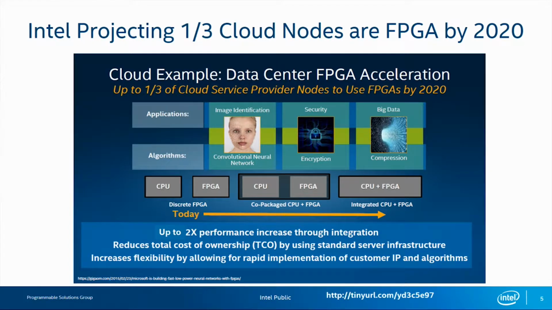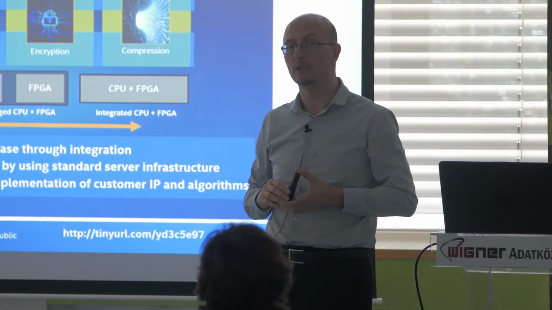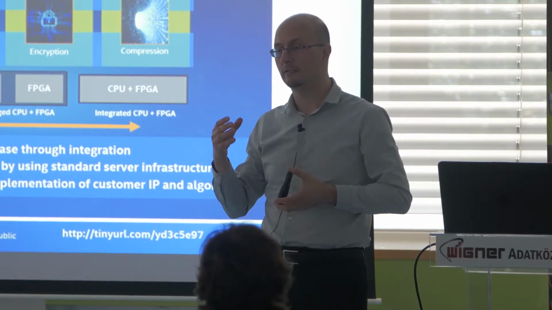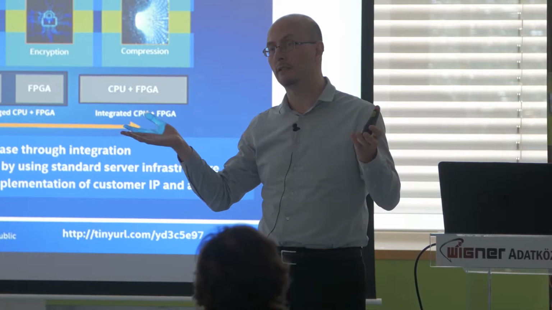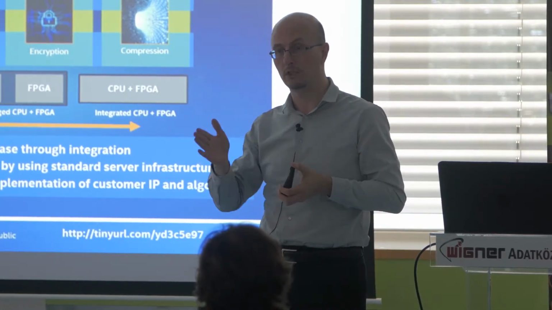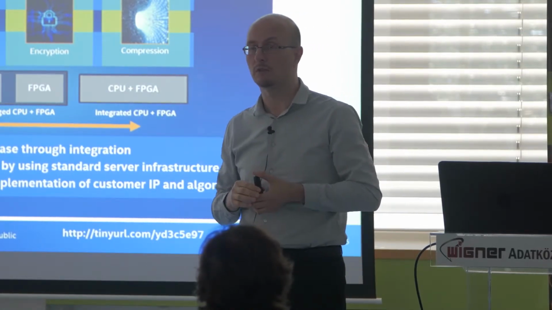They said the FPGA-based implementation brought basically twice the performance of the CPU-based one. Microsoft also announced that they have an FPGA card in every node in Azure. That was one of the biggest announcements we have heard.